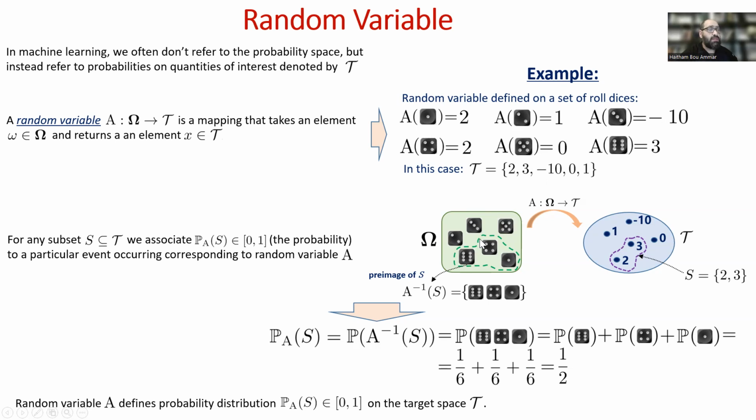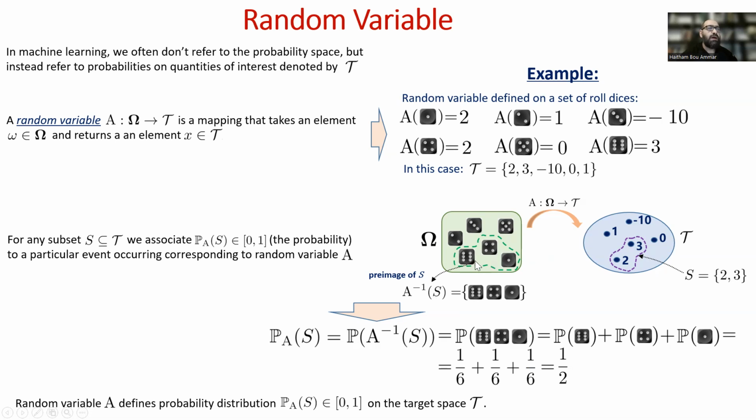And then we said, pictorially speaking, there's this omega, which is the set of all the possible outcomes from rolling a dice. And this is T, which is the quantities of interest. And again, we made this up; this is just an example. This is the set T we are interested in. And then we said, okay, if we are interested now in a subset of that set T, then we can understand it via its pre-image, which is A inverse of S, so kind of the inverse of this mapping.